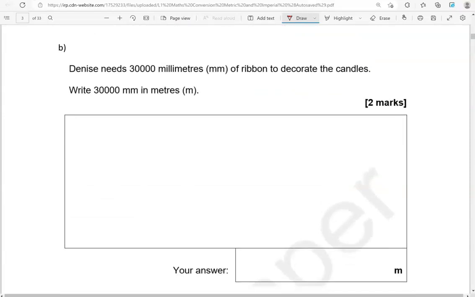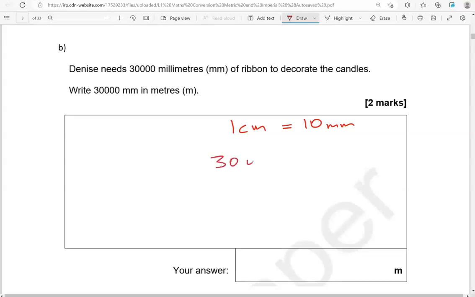Denise needs 30,000 millimeters of ribbon to decorate the candles. Write 30,000 millimeters in meters. So in 1 centimeter there are 10 millimeters. To convert this now, 30,000 millimeters into centimeters, well, we need to divide this by 10.